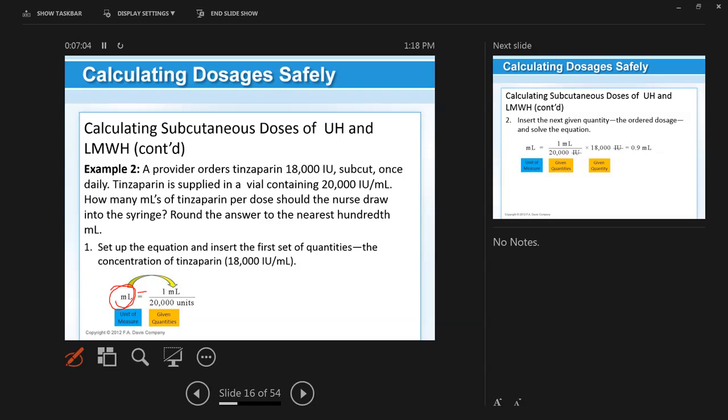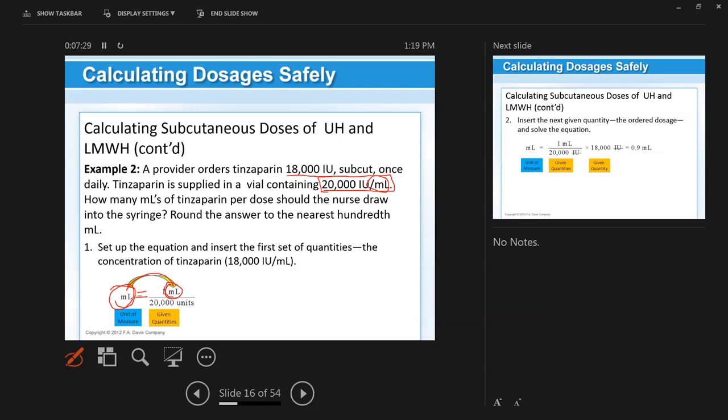We're going to make our equal sign. And since we've got milliliters here, we have to start out with milliliters here. Now I look to my problem and identify, we've got international units, and here we have international units per milliliter. So here's your marriage, has to stay together. We're going to take our 1 milliliter, and then you would put that over your 20,000 units.